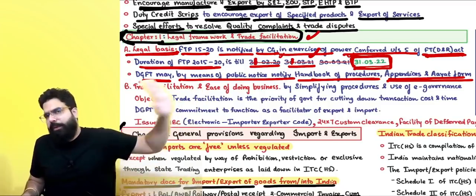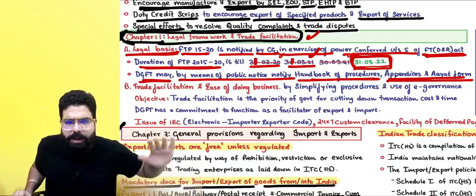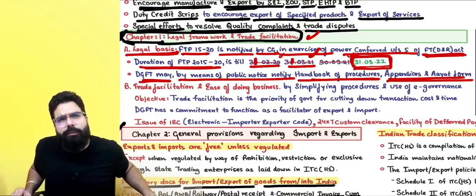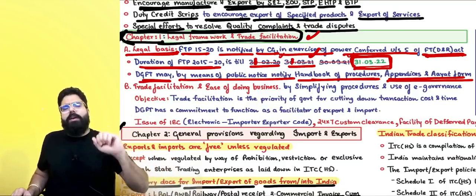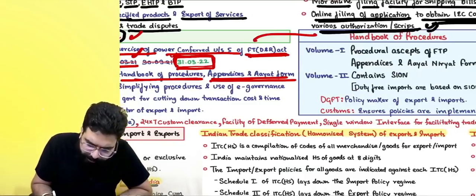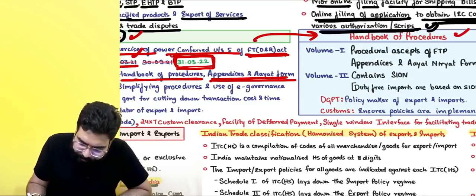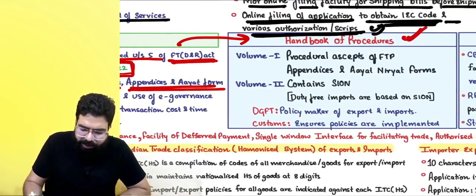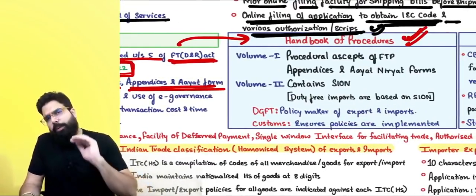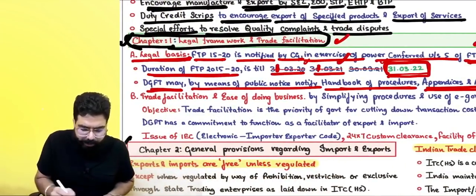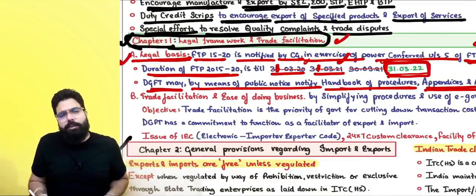Foreign trade policy 15-20 is valid till 31st of March 2020, and the Director General of Foreign Trade can issue a public notice, and he can issue what? Appendices and various procedures which are to be followed in foreign trade. Those he can tell. Okay, sir. Now, this was point number A in your chapter number 1.